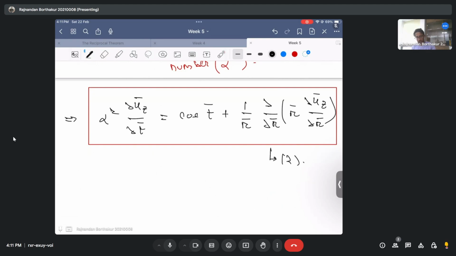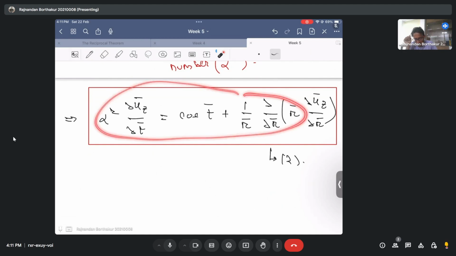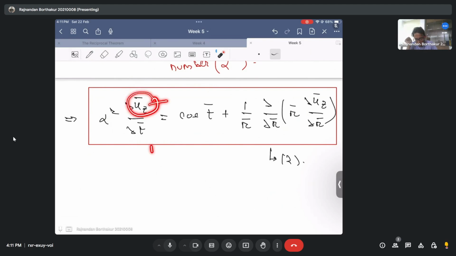This is the non-dimensional equation that we get. But I hope you can realize that in this non-dimensional equation, I just have a parameter alpha that appears, which is some kind of Reynolds number. So you can now appreciate that the solution, uz bar, can be uniquely determined if I specify alpha.